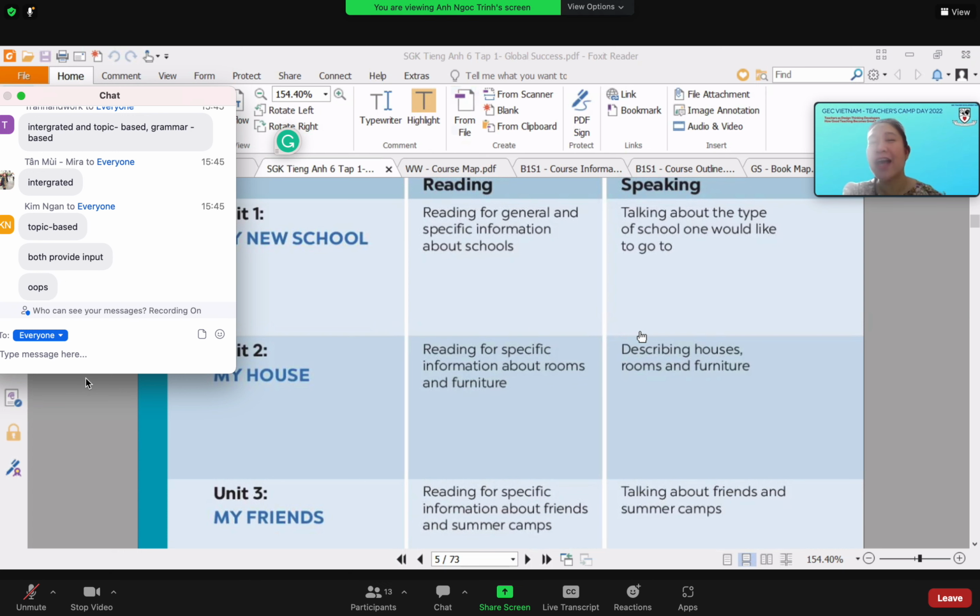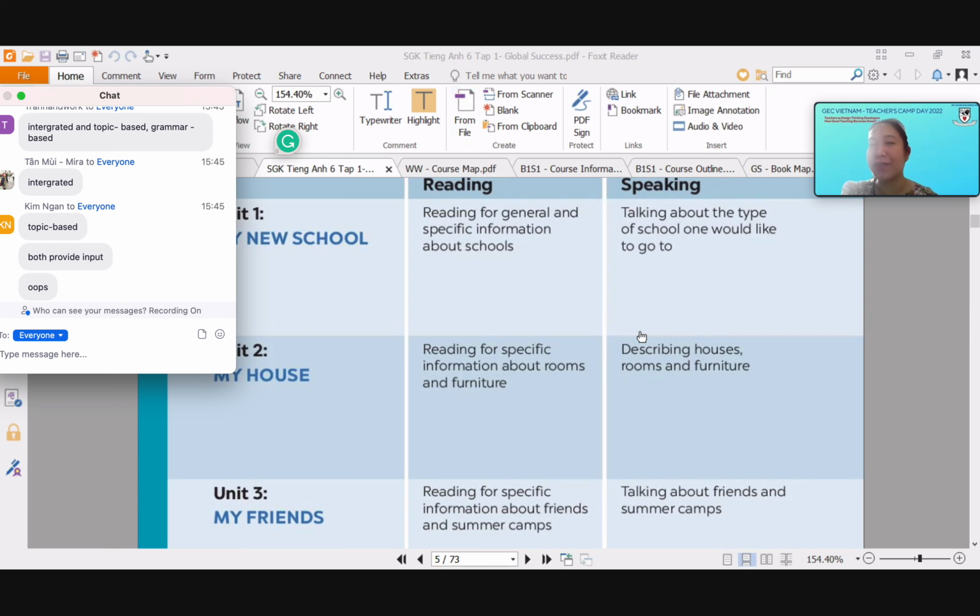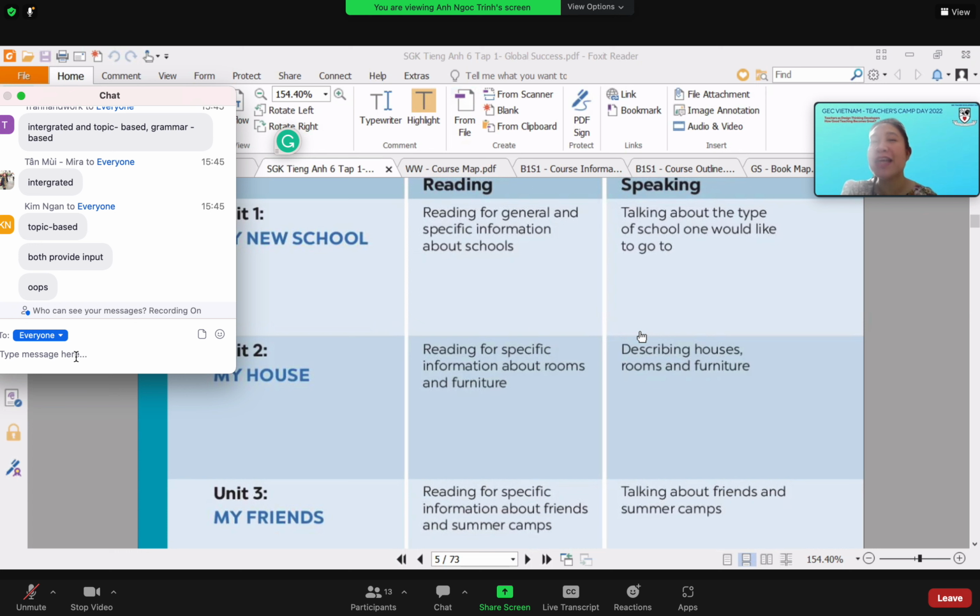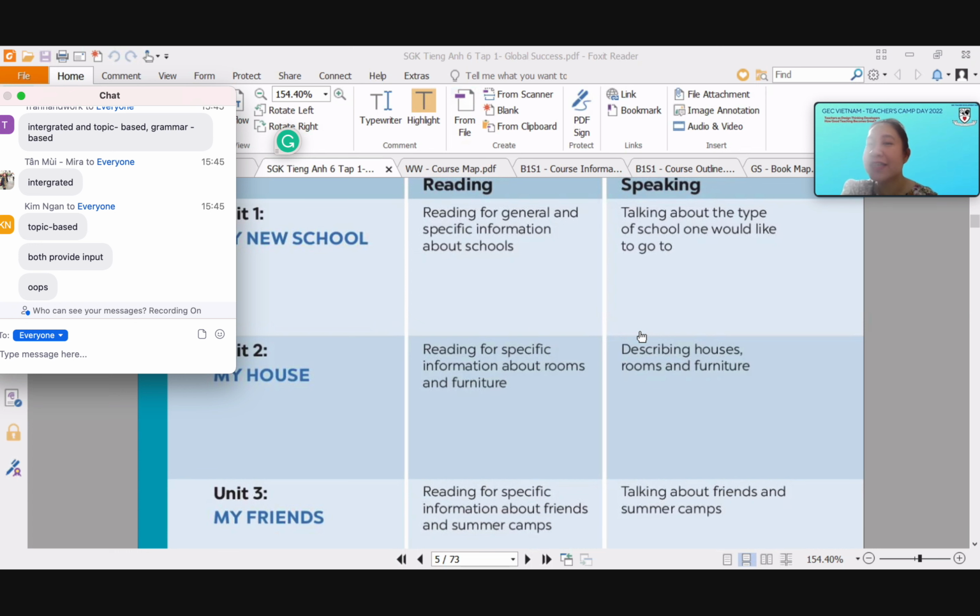Normally you see speaking and listening, and reading and writing. Or maybe reading and listening, or speaking and writing, because they are receptive and productive skills, right? But here they put reading and speaking. Why do you think that?